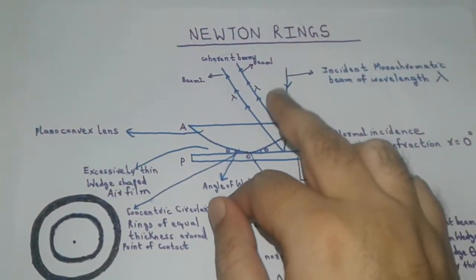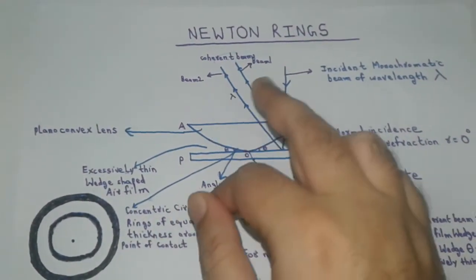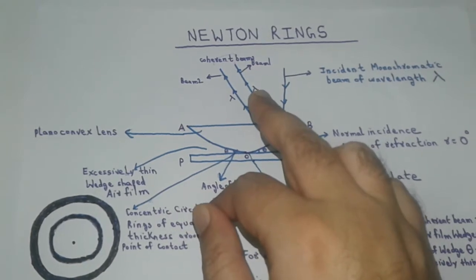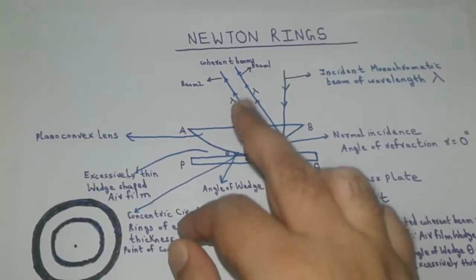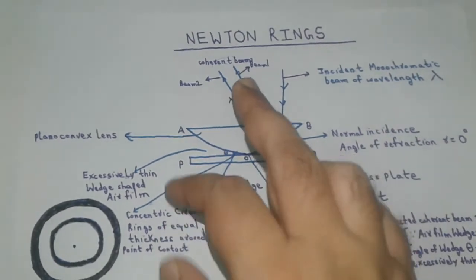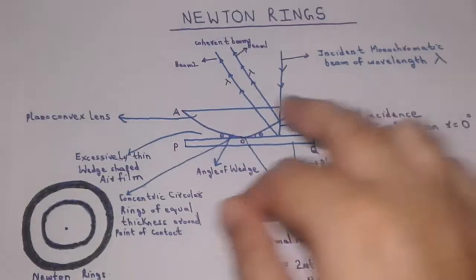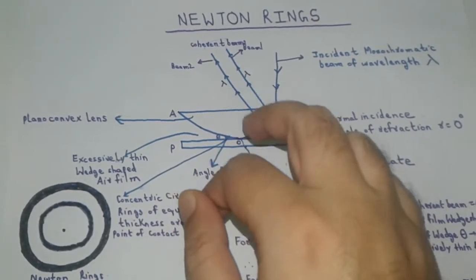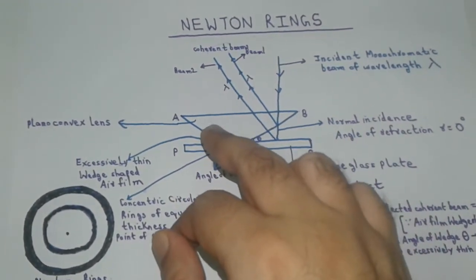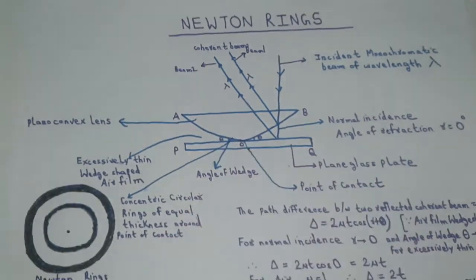Since the wavelength of beam 1 and beam 2 is equal, lambda, and the film is excessively thin, beam 1 and beam 2 are coherent beams. The two reflected coherent beams superimpose to produce an interference pattern on the wedge-shaped air film.